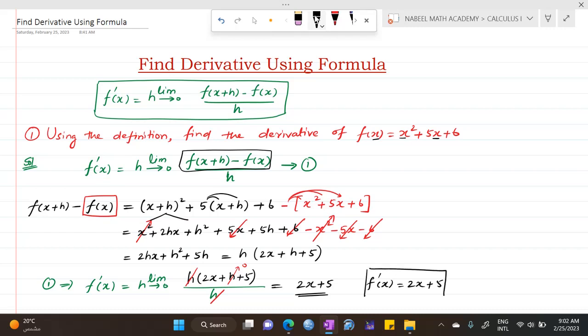If you want to check your answer, directly find the derivative. If you do, you will find the derivative is 2x plus 5, which is by using the formula we have derived.